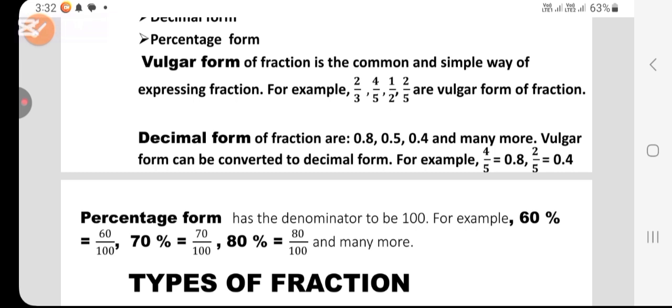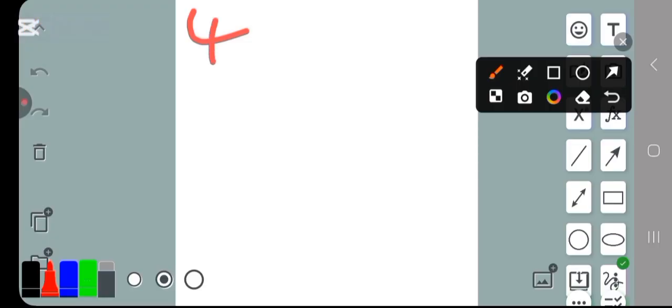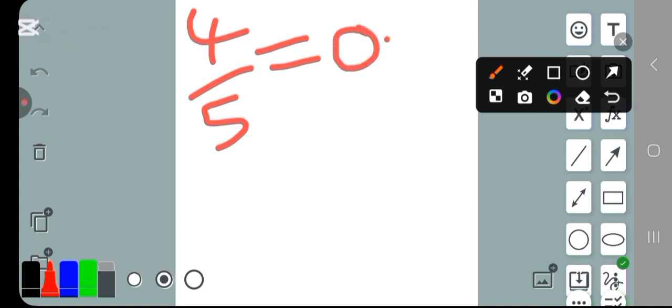For example, 4/5 will give us 0.8. This 4/5 is a Vulgar form of fraction. Now, it has been converted to decimal form of fraction. This is the Vulgar form of fraction, while this is the decimal form of fraction.